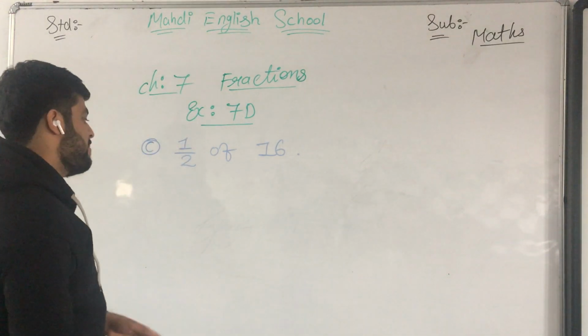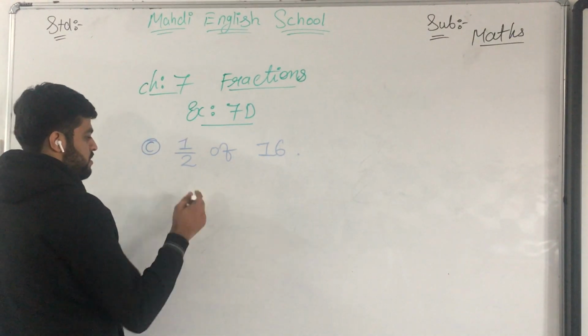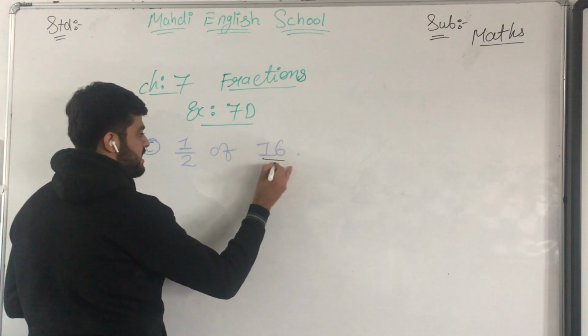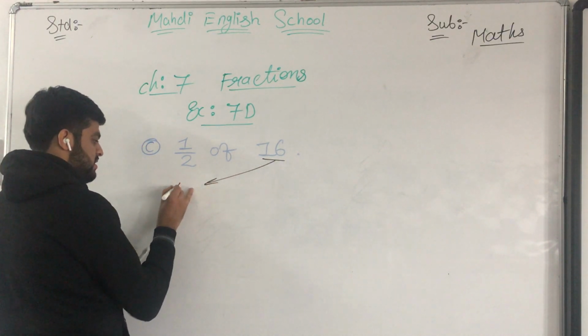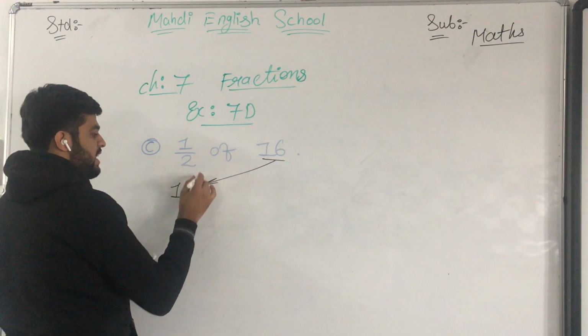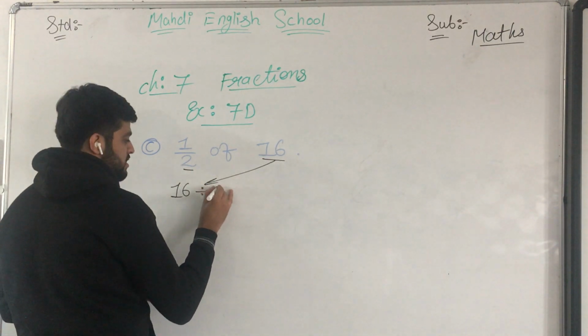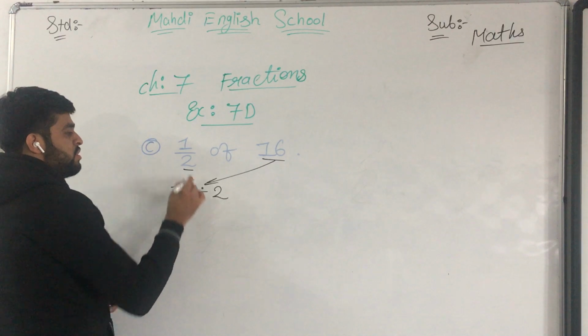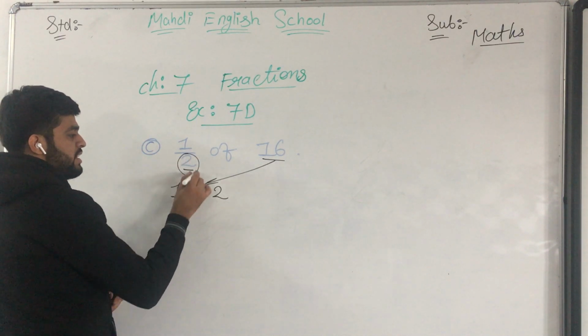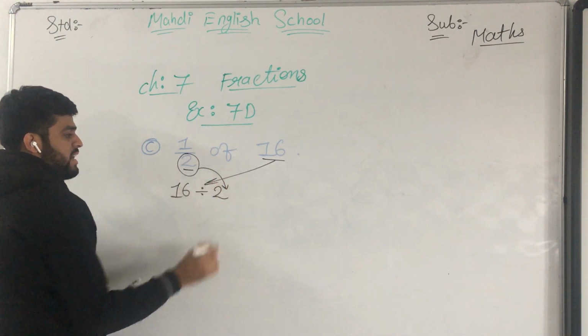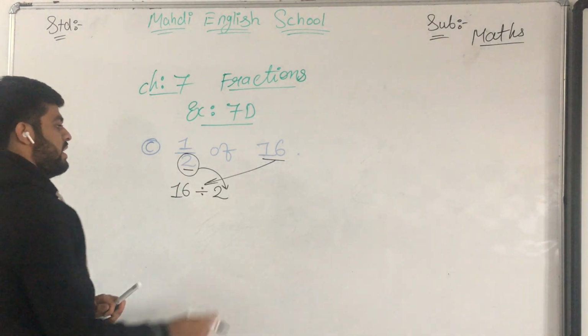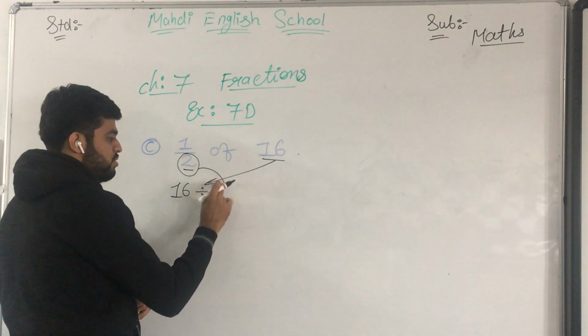So now I am describing everything here. First we write the 60. Then it is divided by 2. 2 is what? Our denominator. Like that, my dear students.